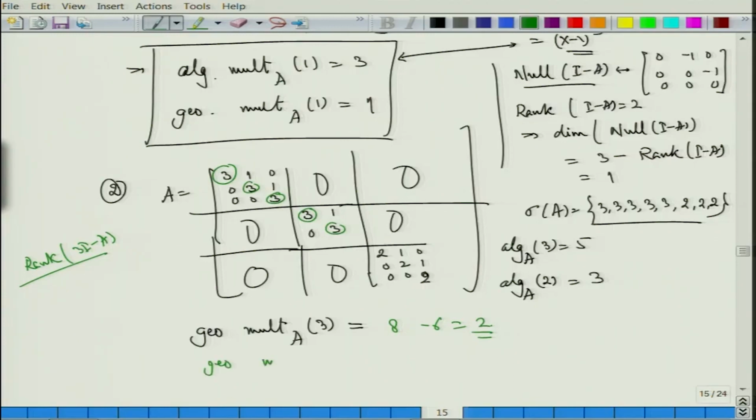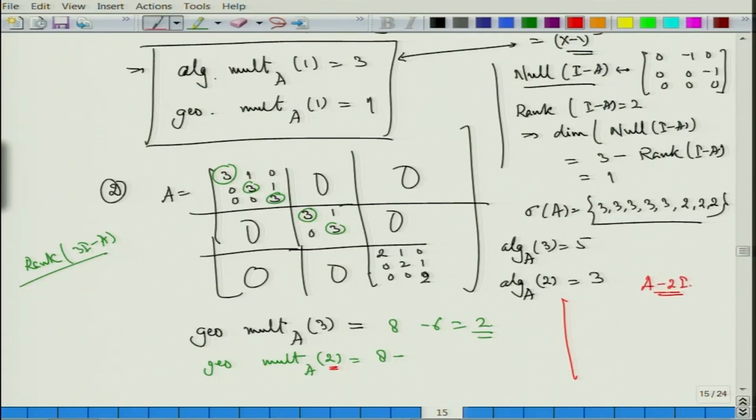The geometric multiplicity of 2 here will be equal to 8 minus the rank. Now, I need to look at 2 here. So, let me look at A minus 2I.